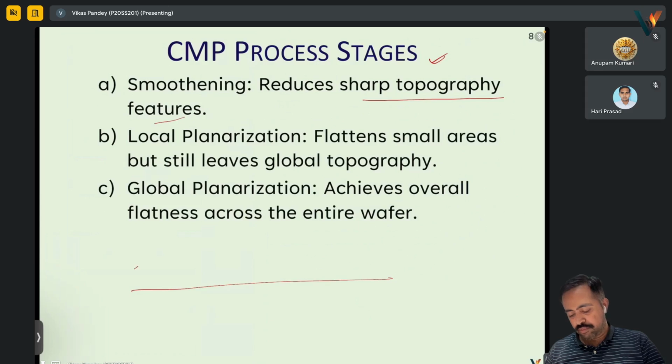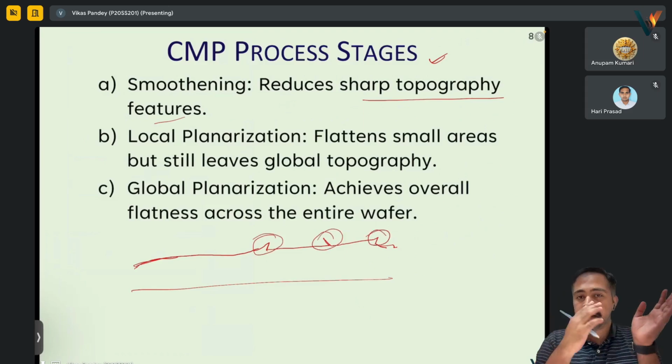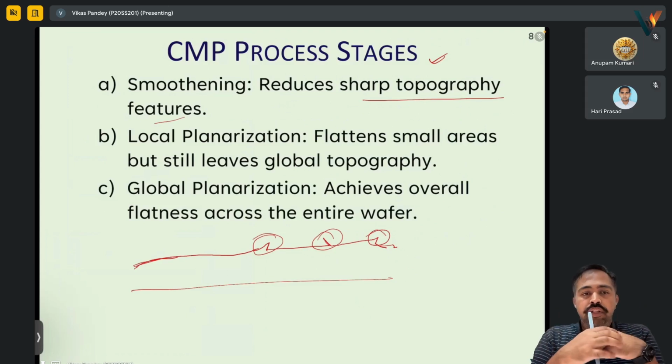Suppose we deposited something and it is non-conformal, it's fine, but there is a spike like this and here like this. So first is smoothing, which will reduce these sharp edges, sharp topography features.